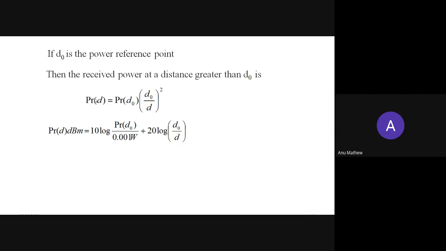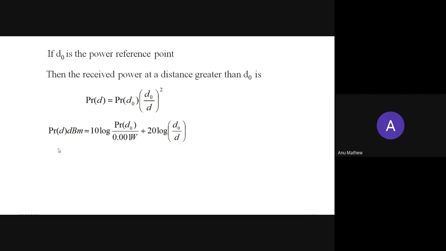So this is the received power at a distance greater than the reference distance D naught, where D naught should be greater than DF, and D should be greater than D naught. So D is the highest distance and D naught is the reference distance, which is also greater than the far field distance. Okay.